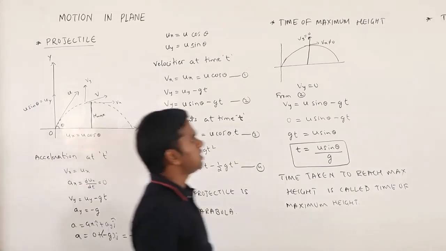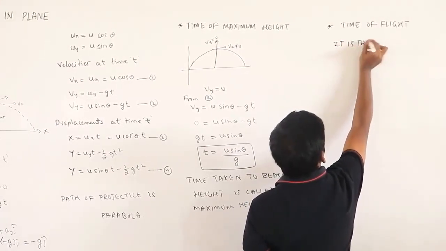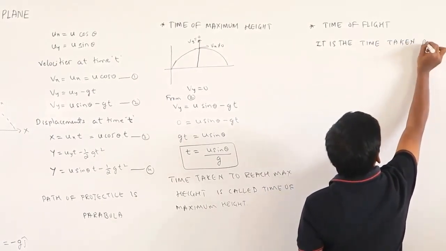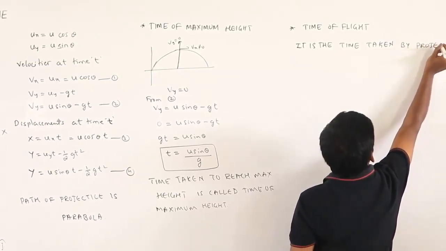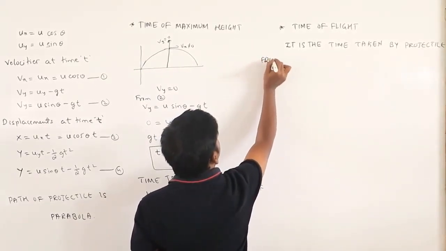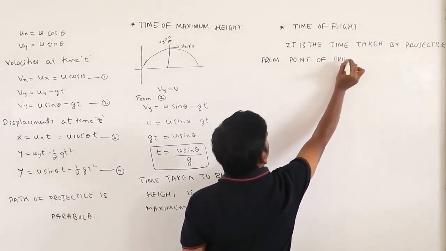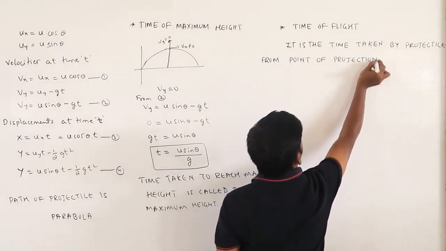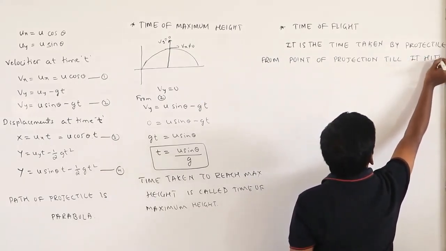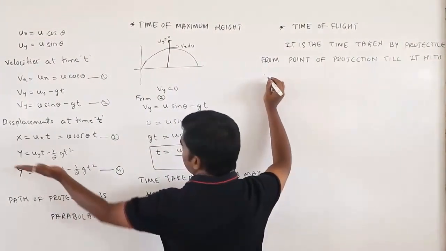So what is the time of flight? It is the time taken by the projectile from the point of projection till it hits the ground, or the earth's surface.